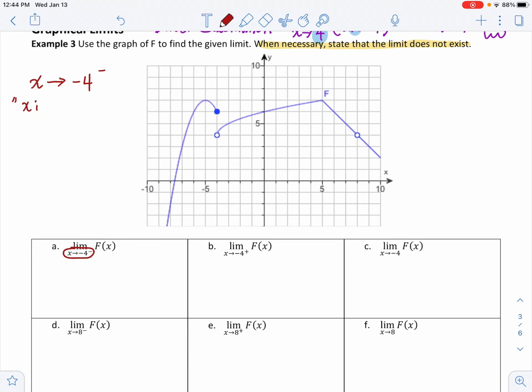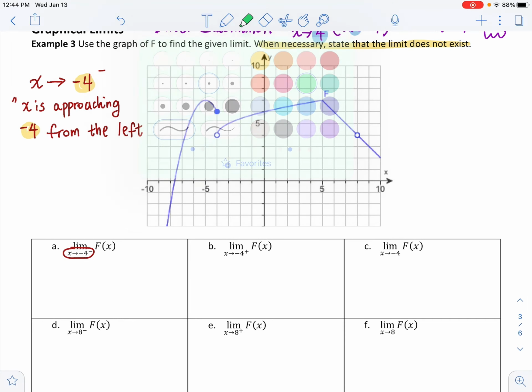So x is approaching what number? -4, that's the number, right? From the left or right? Left. How do I know that this is saying approaching from the left? Because of this minus sign. So you need to make sure that you look and see if you have these directions, because if you have a minus sign or a plus sign, we're looking at a one-sided limit.